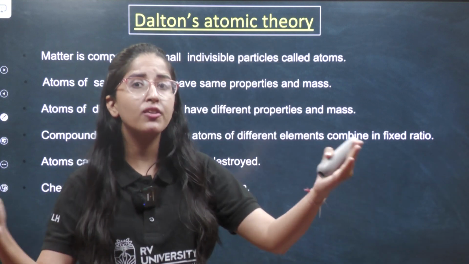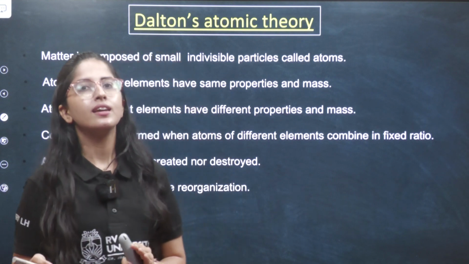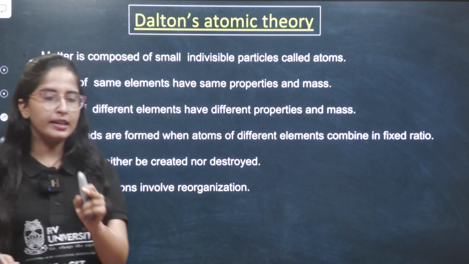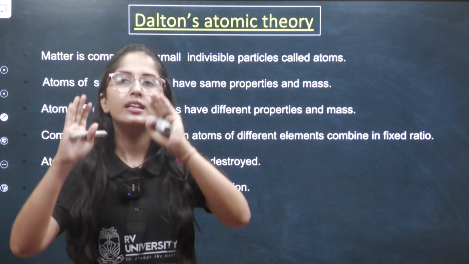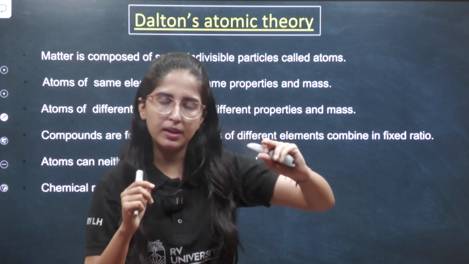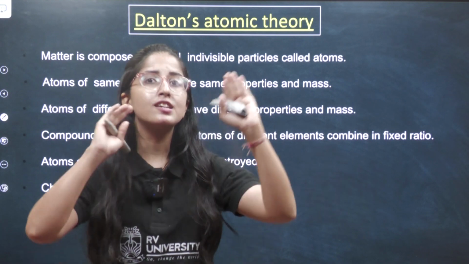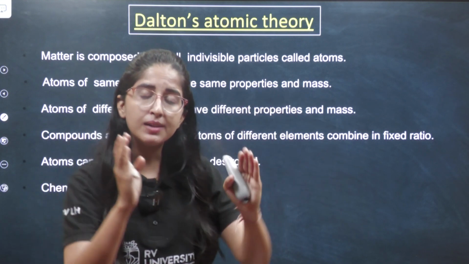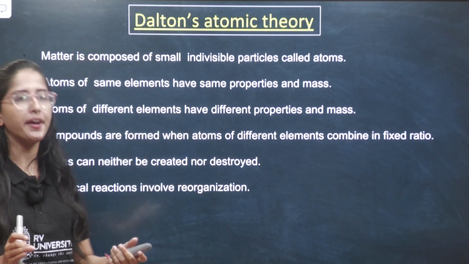How is it formed if atoms are neither created nor destroyed? The only possibility is that atoms in any matter have a proper alignment, and this alignment may change. That is reorganization of atoms, which can give you a completely different product.